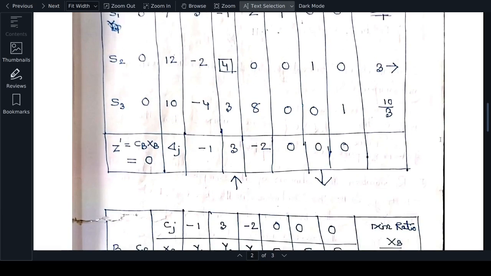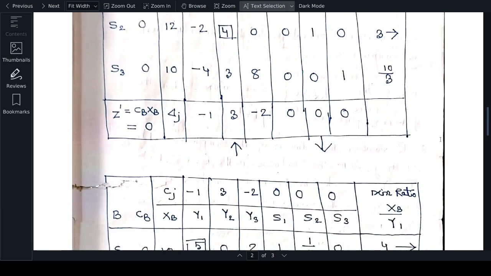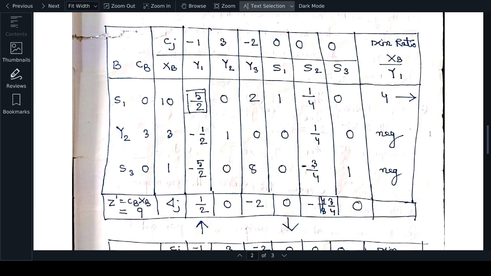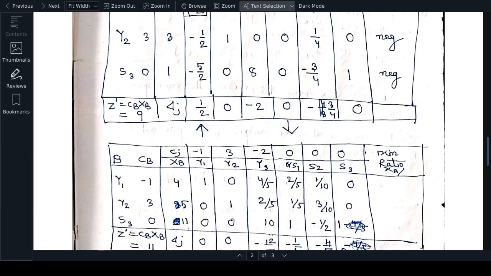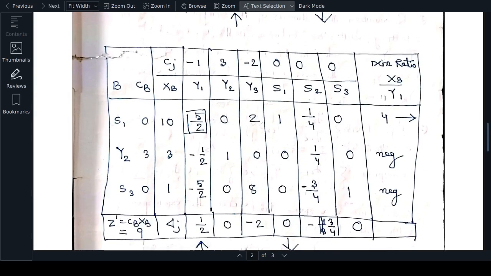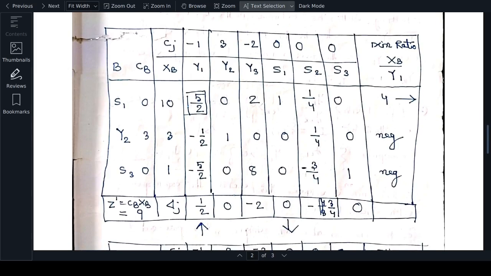S2 variable is replaced by which variable? Y2. You go to the second table. S2 variable is replaced by Y2, because Y2 is our incoming vector. So S2 will be out and this is replaced by the incoming vector, which means the variable is Y2.